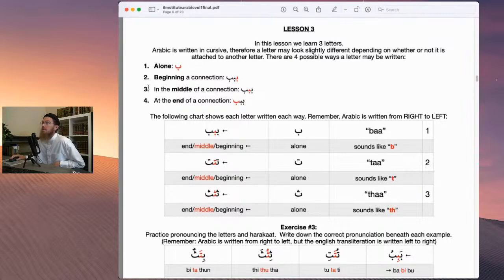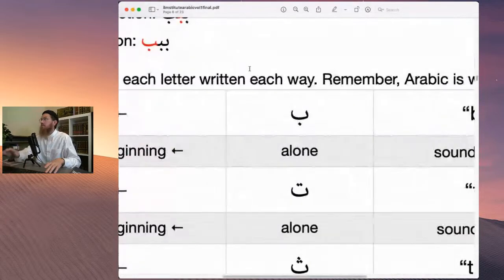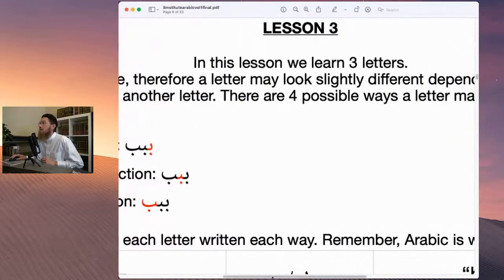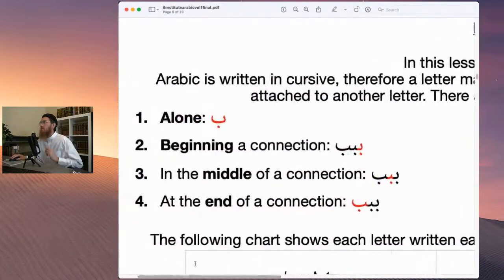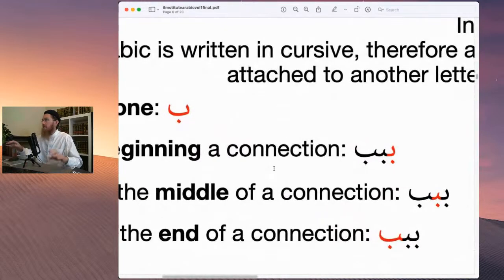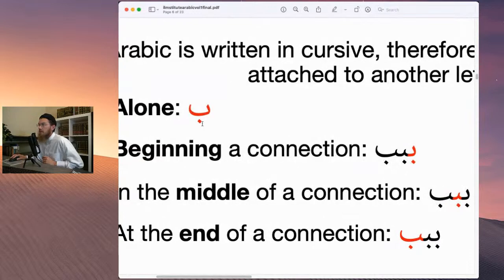But it can also begin a connection, because remember, this is cursive, so the letters connect. When it begins a connection, you can see here what the letter ba looks like. Let me zoom in. We highlighted in red exactly what we're trying to talk about. So this is how it looks alone.